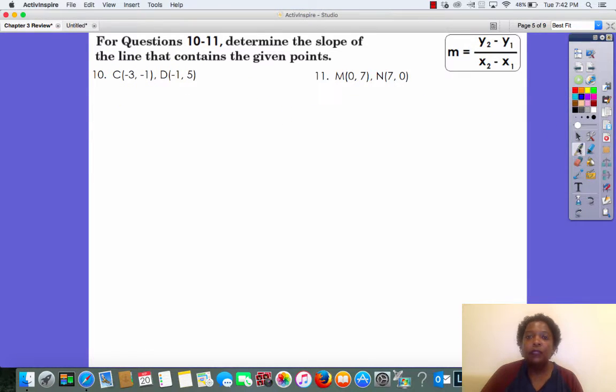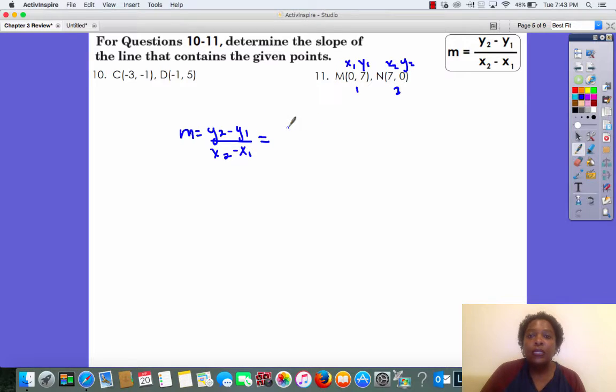Let's move on to number 11. Again, label. Every point has its own x and its own y. This is my first one, so here are my sub 1s. This is my second one, so here are my sub 2s. Copy the formula and then plug it in.